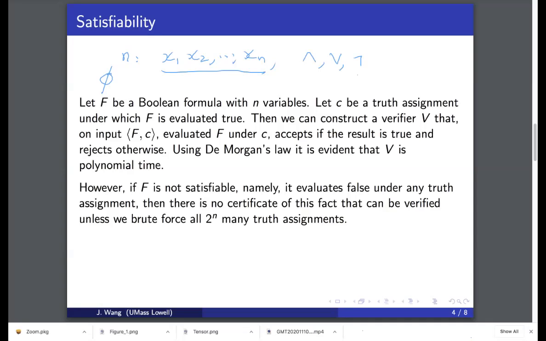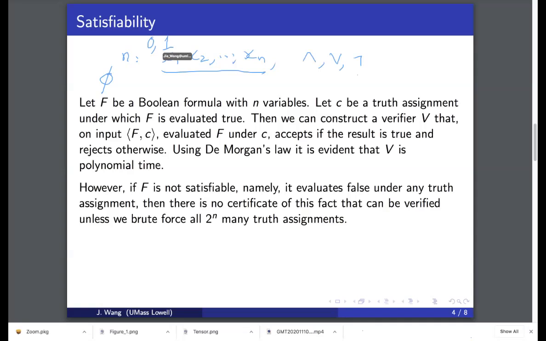I want to know whether this Boolean formula is satisfiable, meaning whether there is a truth assignment to each variable. So you assign a truth value, which is either true or false, or we can use 0 for false and 1 for true.